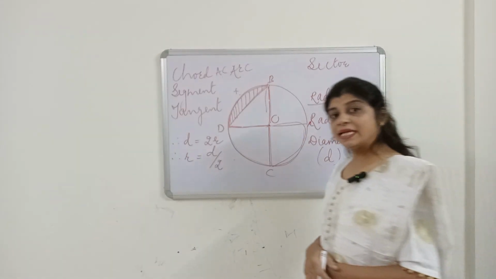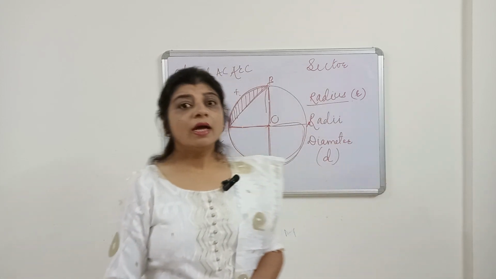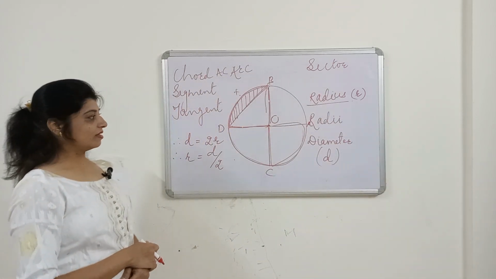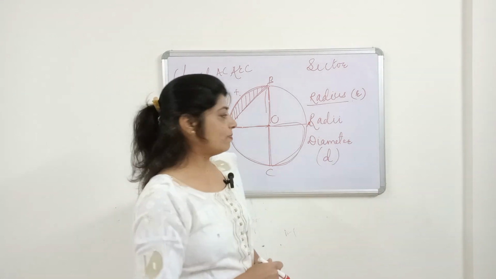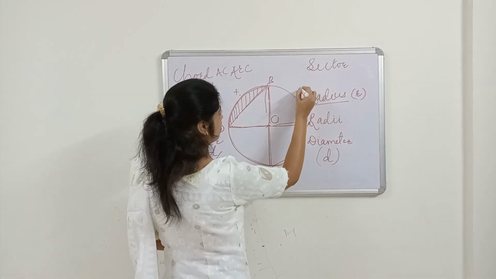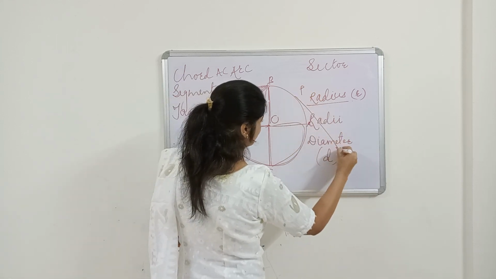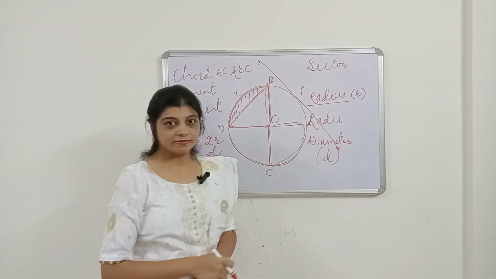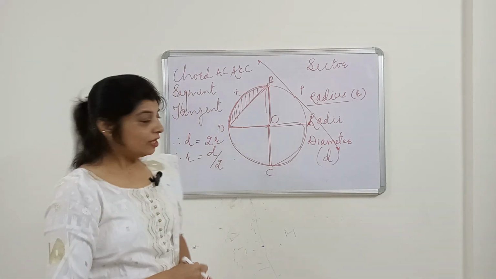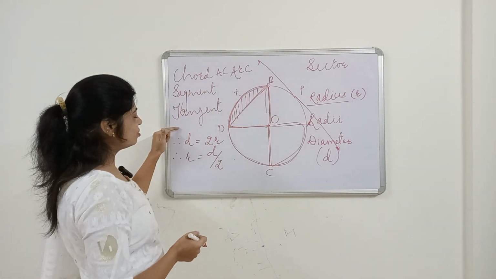Now what is a tangent? A tangent is a line in the exterior of the circle, but it intersects the circle in only one point. Suppose I take this point P, and when you draw this, it becomes the tangent at P to the circle. What is the difference between a segment and a tangent?